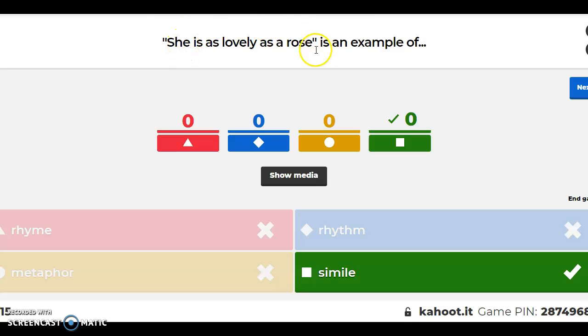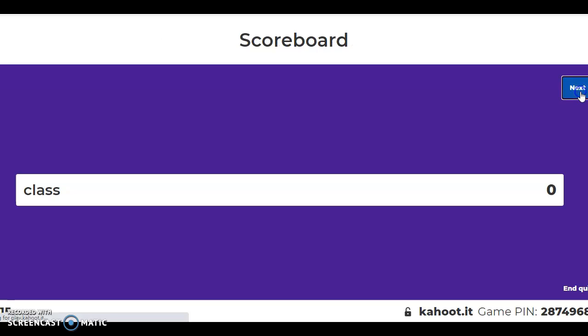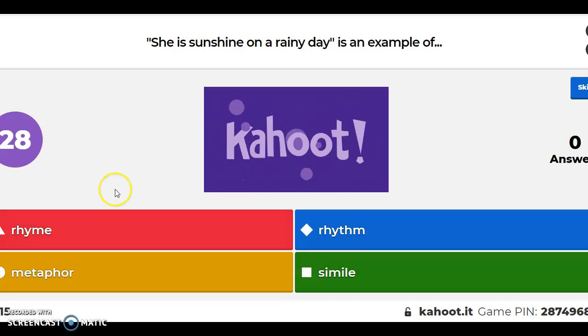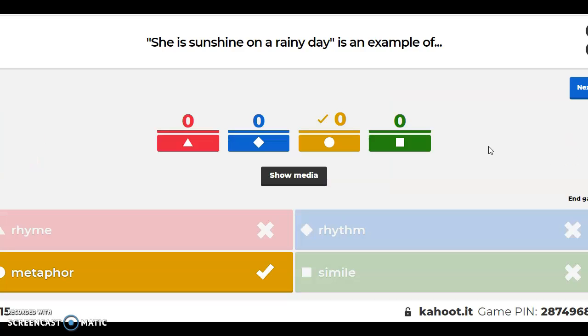We're comparing the girl to the rose by using the words as. She is sunshine on a rainy day is an example of rhyme, rhythm, metaphor, simile. A metaphor.